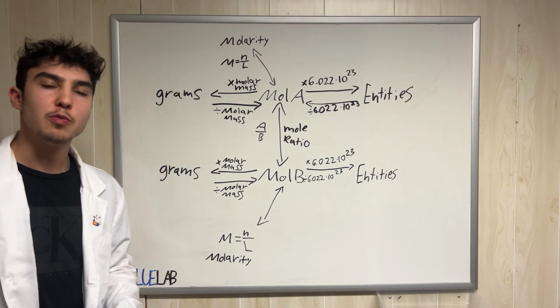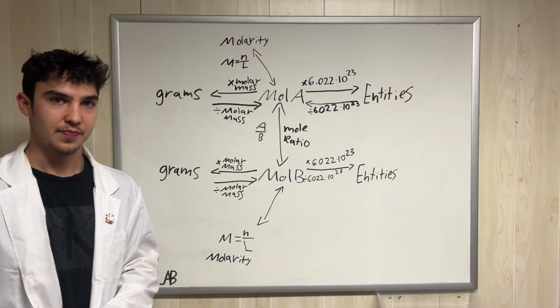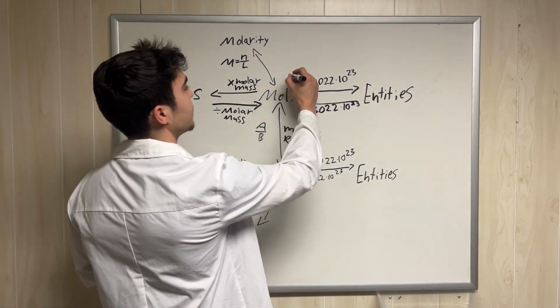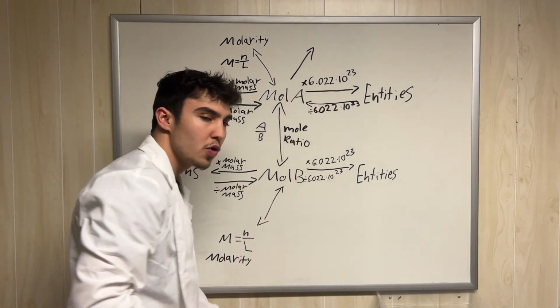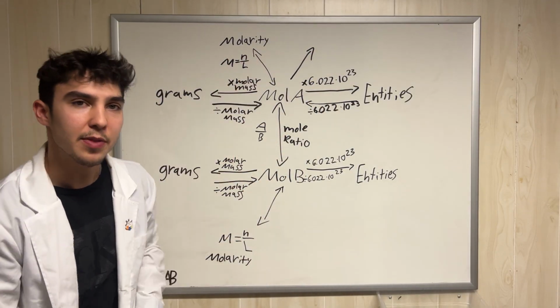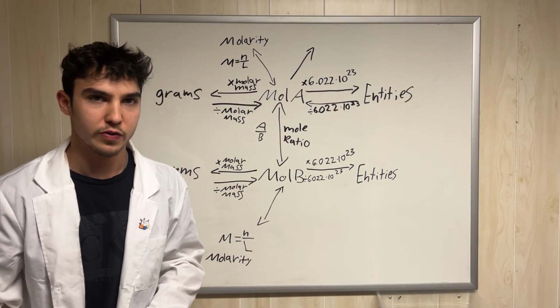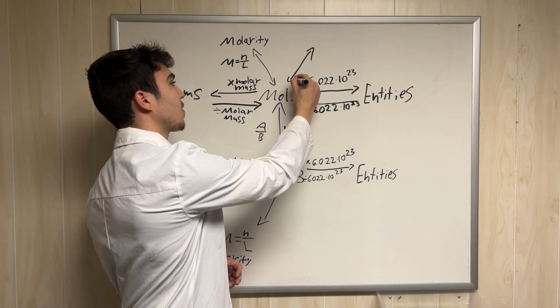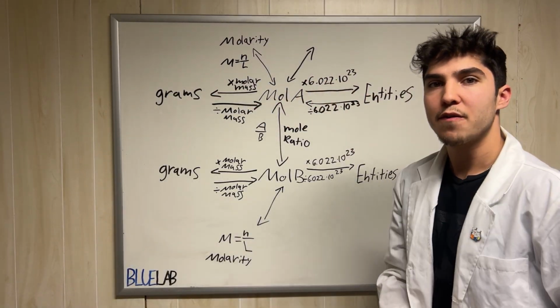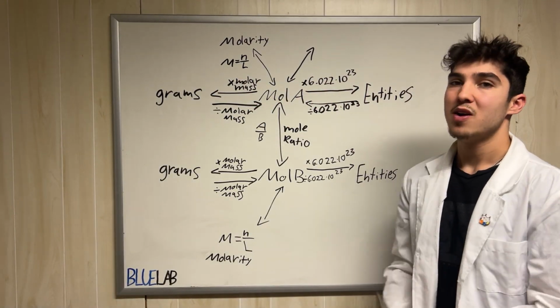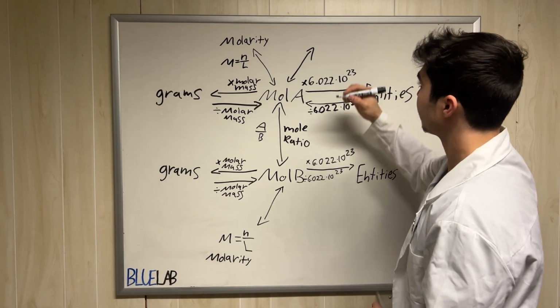Now the next thing we're going to move on to is our gas law. We're going to put another arrow at the top and the bottom here to represent our conversion factor. For this conversion, we're going to be talking about PV equals nRT.